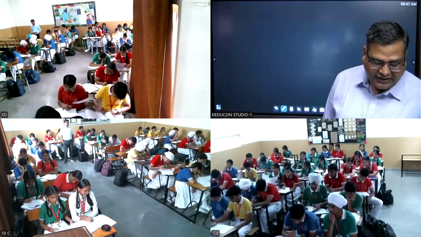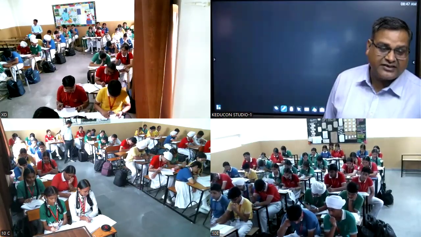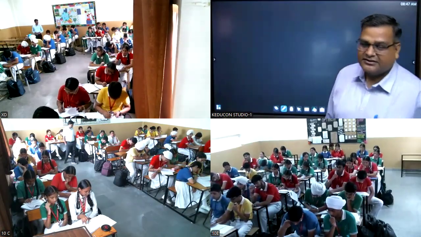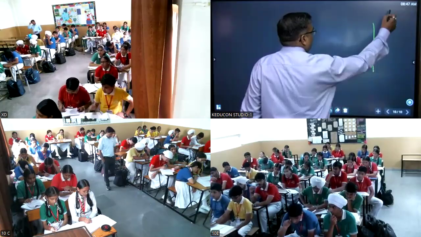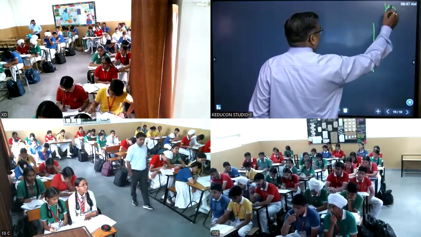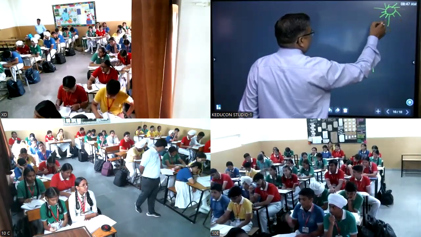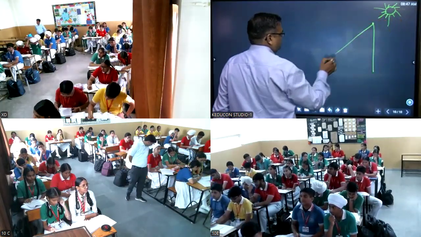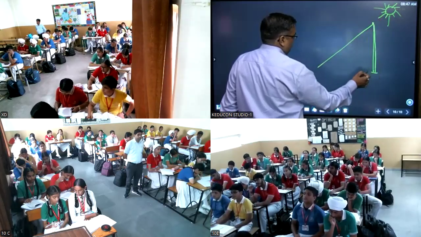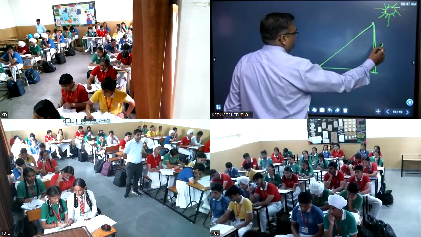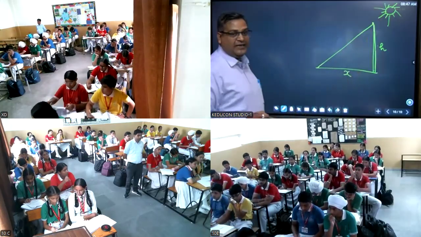Now come to the second question. If the ratio of the height of a tree and its shadow is 1:1, the angle of elevation of the sun is 45 degrees. True or false? See the question, children. The sun is here, and this is the elevation of the sun. This building or person will have a shadow. This is the height h of the person, and the shadow will be x.